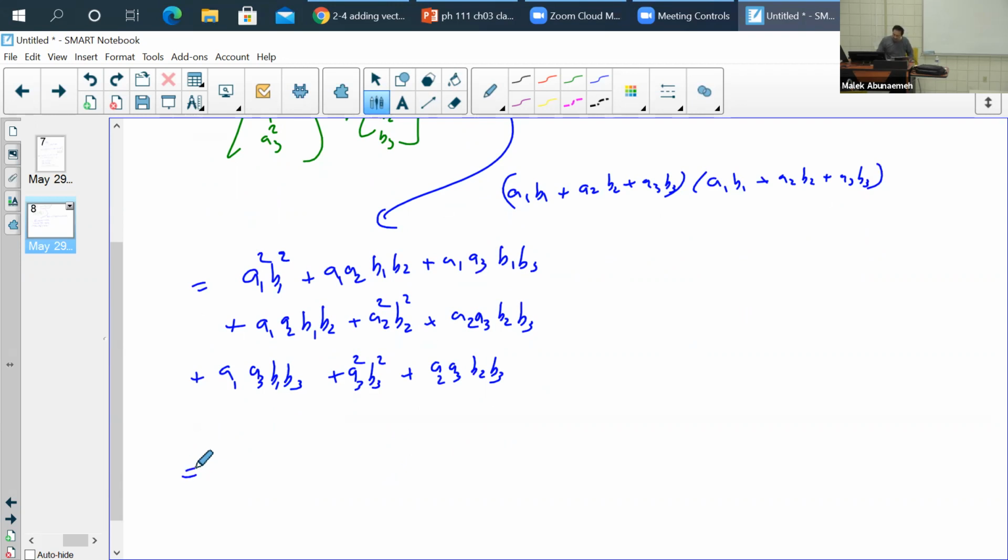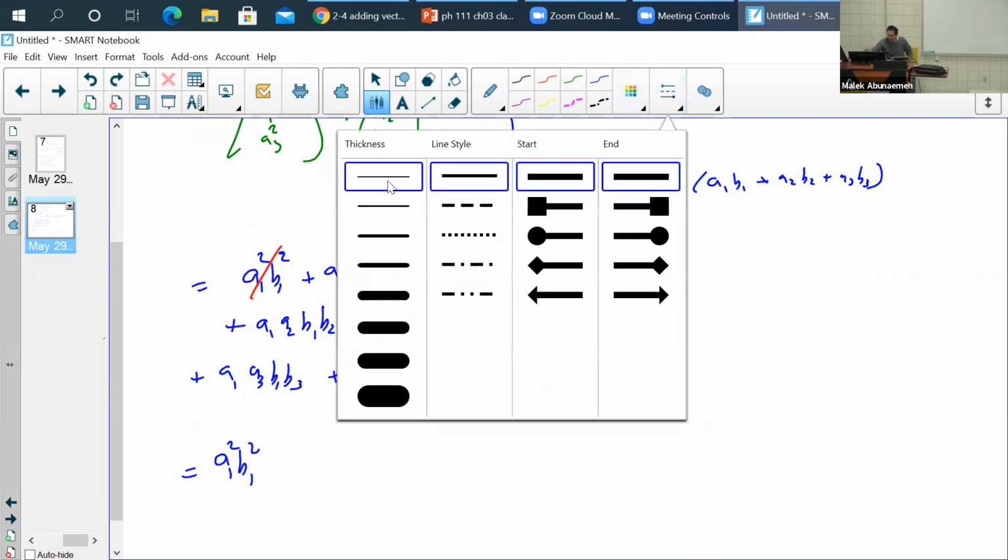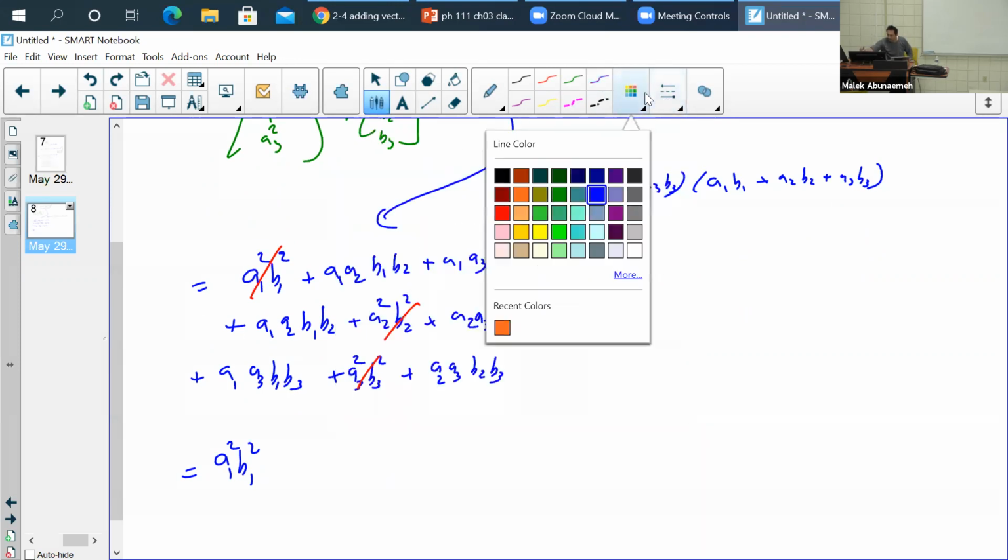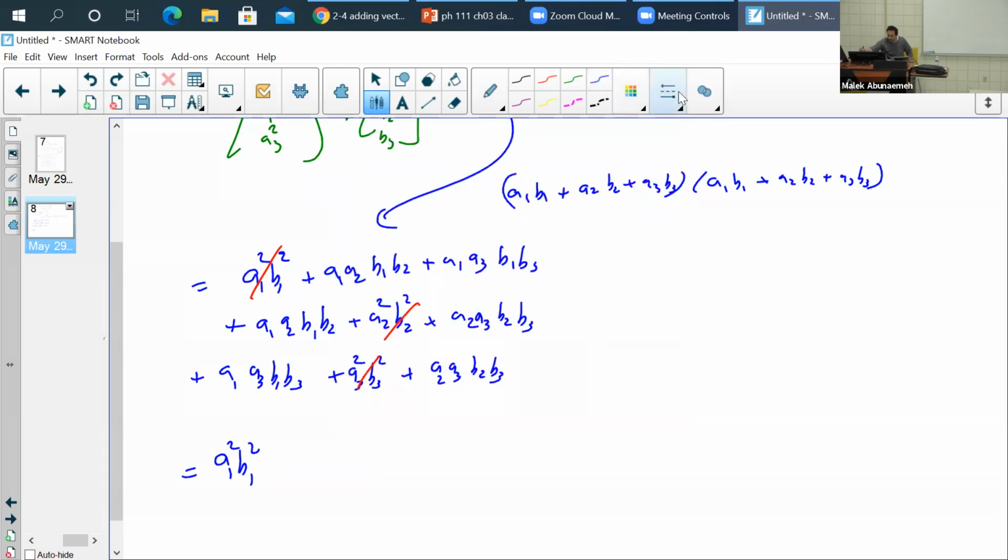Now let's organize them a little bit. So you got A1B1 squared, A2B2 squared, and A3B3 squared. That's A1 squared B1 squared plus A2 squared B2 squared plus A3 squared B3 squared. Plus, what you got?